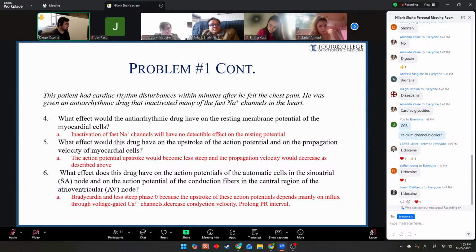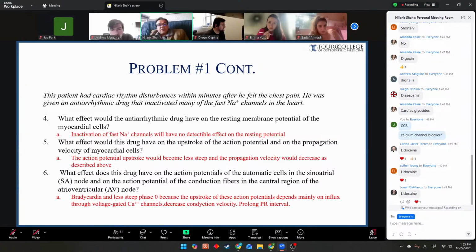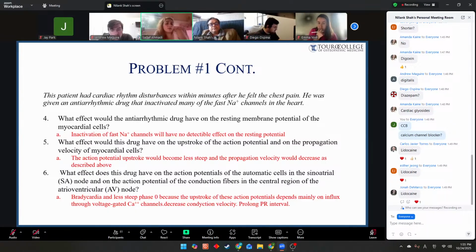So what would happen to phase 4 and phase 0? The drug would cause bradycardia, which means a slower heart rate, and less phase 0 upstroke, because the SA and AV node cells do not rely on sodium influx for their depolarization.